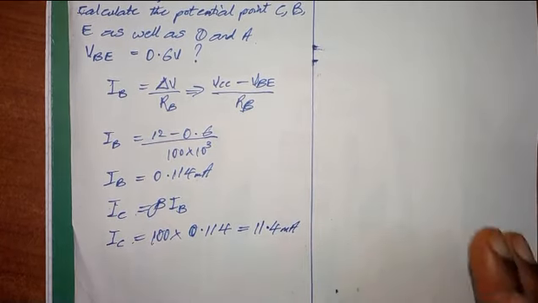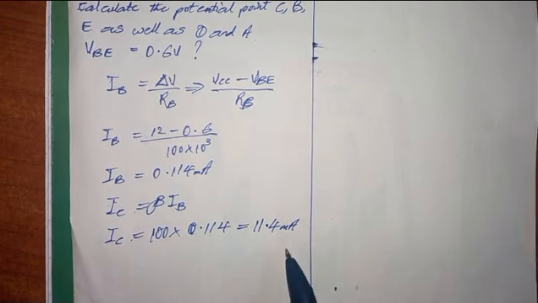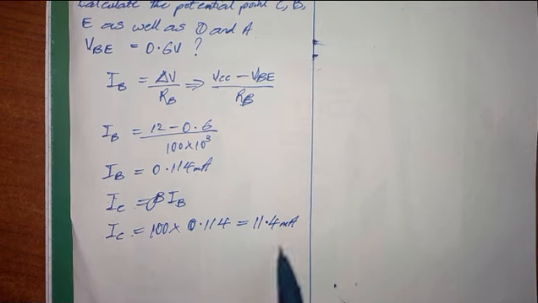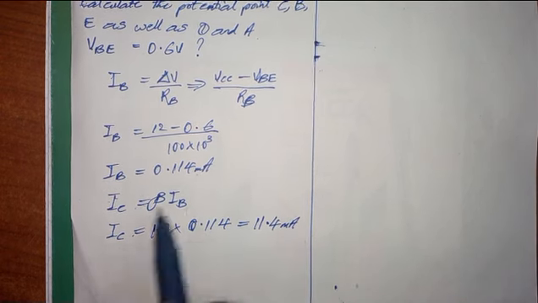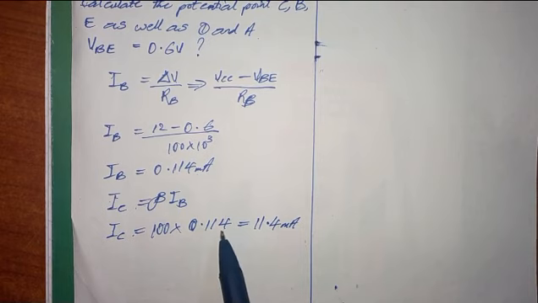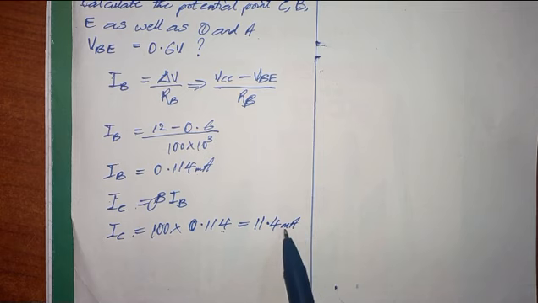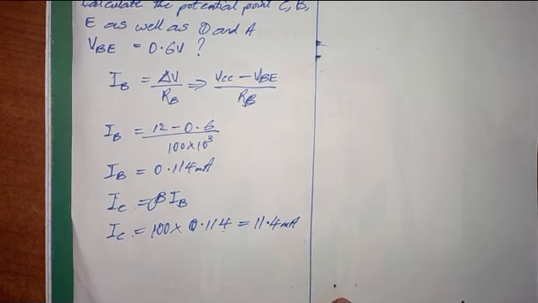Please don't forget your unit. If I put amp instead of milliamp, the answer won't be correct, because I'm using milliamp. So your unit is very, very important. Don't forget to put the unit whenever you are solving.